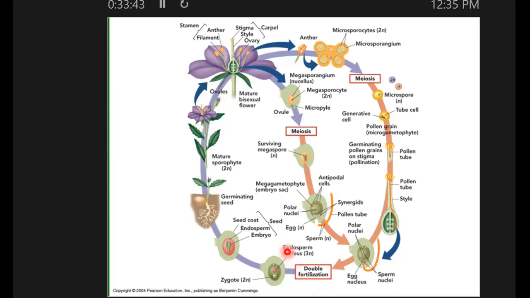Okay. And so the sperm fused with the polar nuclei develops into the endosperm, and then that second sperm that fertilizes the egg, then you get your zygote, and then your embryo, and then the sporophyte eventually.